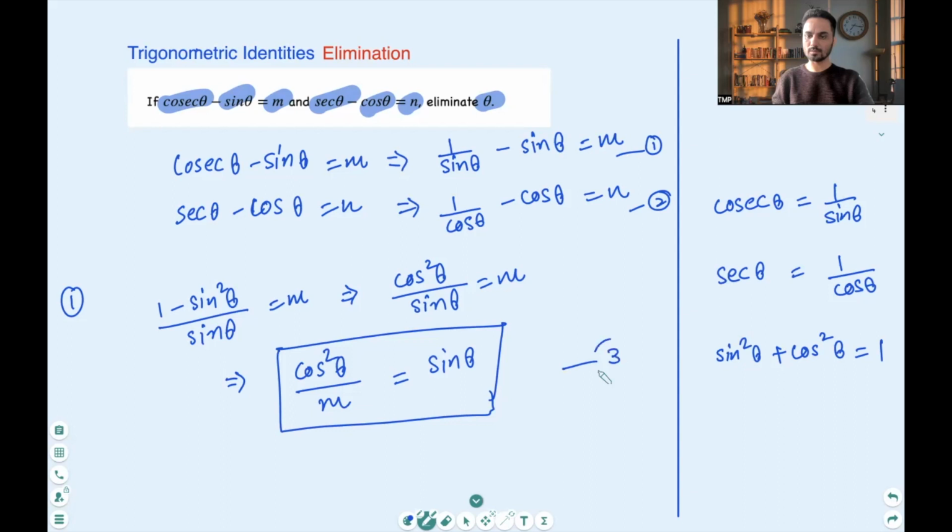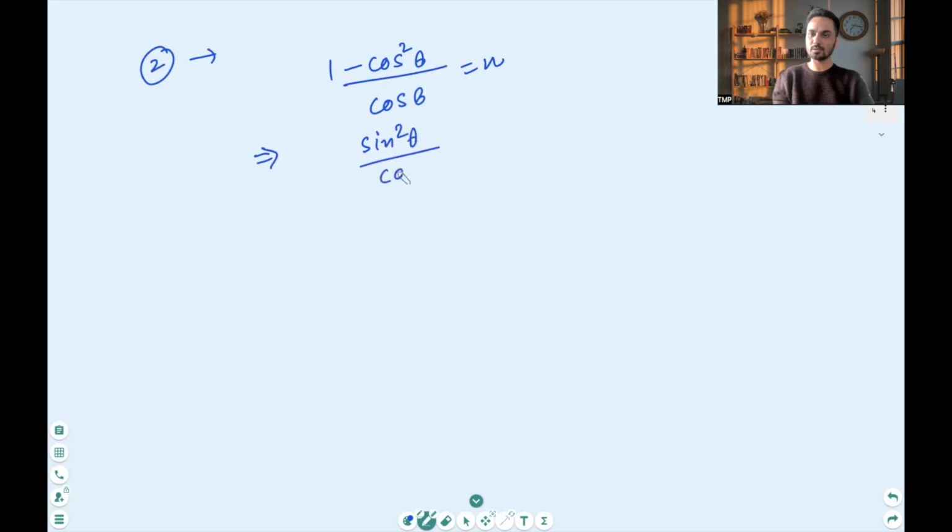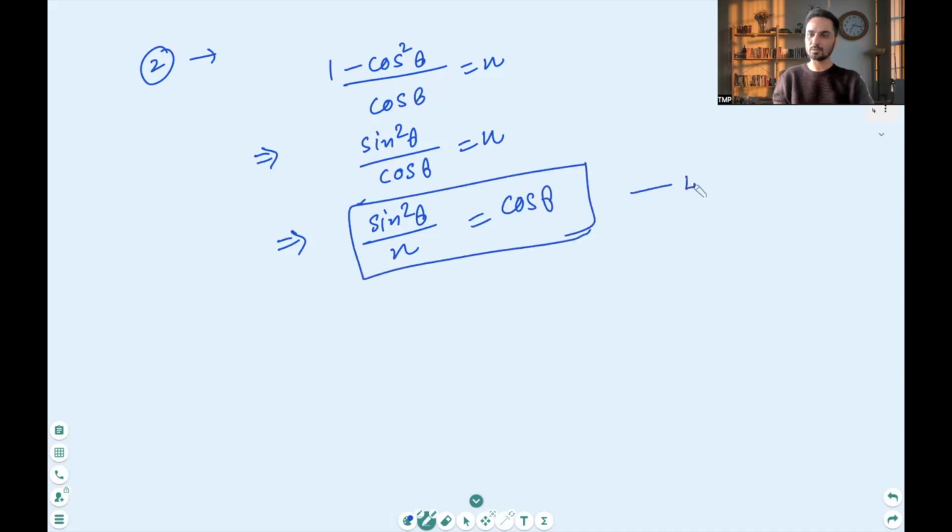So let's call this equation 3. And from equation 2, we can write 1 minus cos square theta over cos theta equals n, and simplifying it will give you sin square theta over cos theta equals n, or we can write sin square theta over n equals cos theta. Let's call this equation 4.